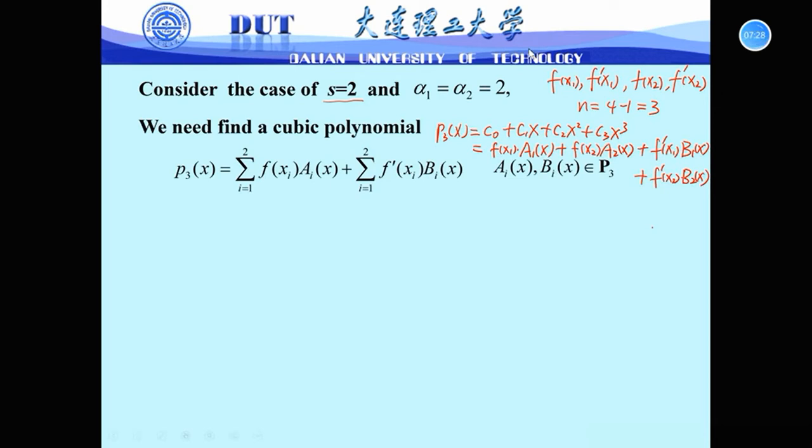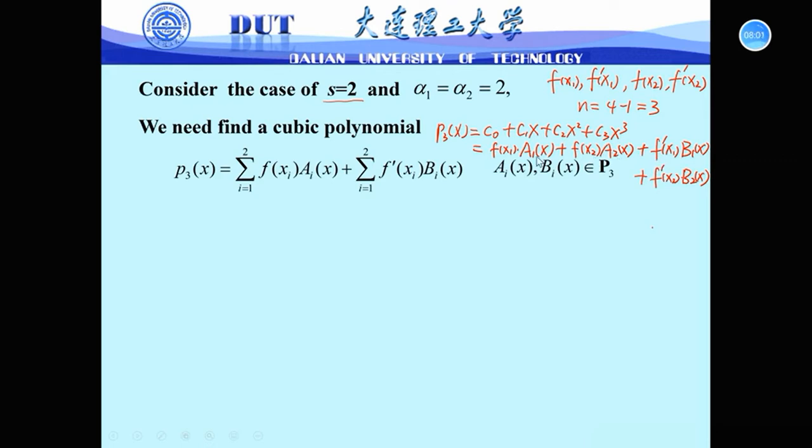It's okay? So we just use the interpolation conditions, the function values and the derivatives, each value multiplied by a polynomial. Here a1, a2 are the basic polynomials corresponding to function values, and b1 and b2 correspond to derivatives.